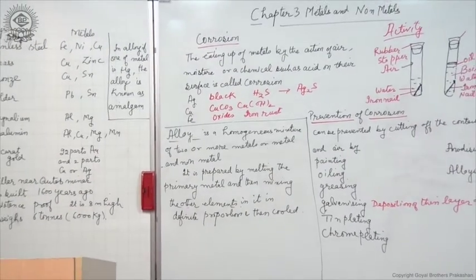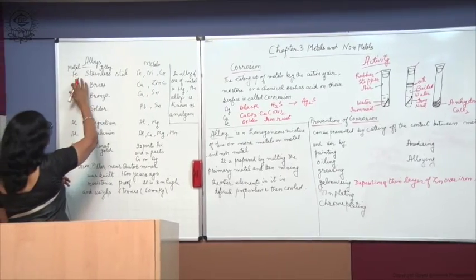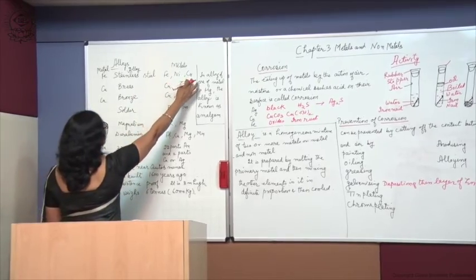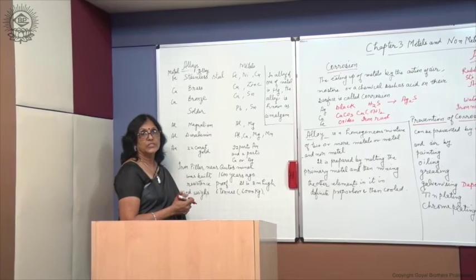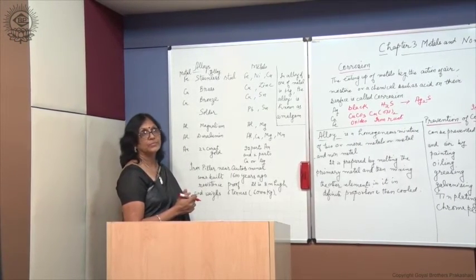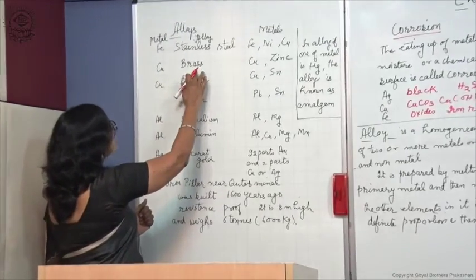So, let us discuss some of the alloys. Iron rusts very easily, but when it is mixed with nickel and chromium, it forms stainless steel. You must have seen stainless steel utensils at home. Steel does not rust. Copper alloys are brass.